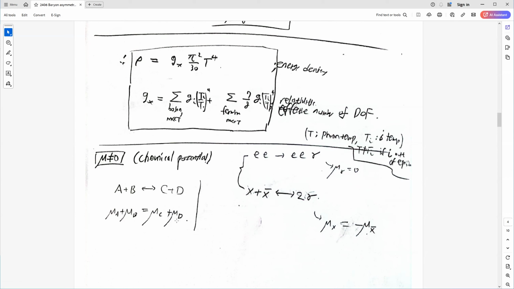And if we consider some photon radiation from these, the chemical potential for the photons equals 0, which is also consistent with the Bose-Einstein statistic. For the particle and the antiparticle case, they annihilate to two photons. So the chemical potential for the photons equals 0, and the chemical potential of the particle has the minus sign of the chemical potential of the antiparticle.